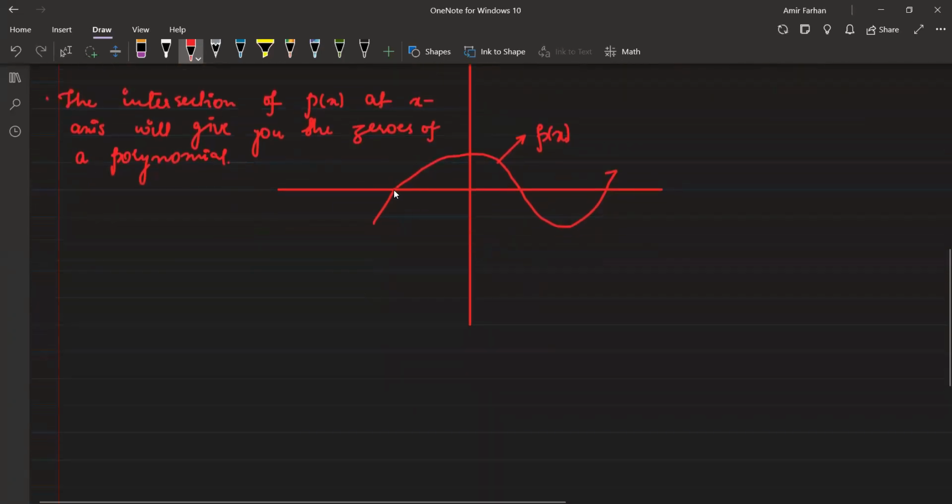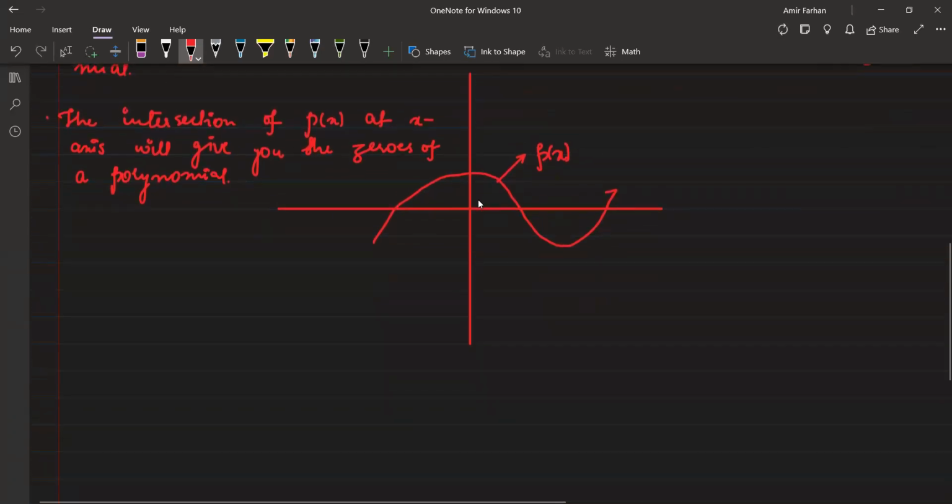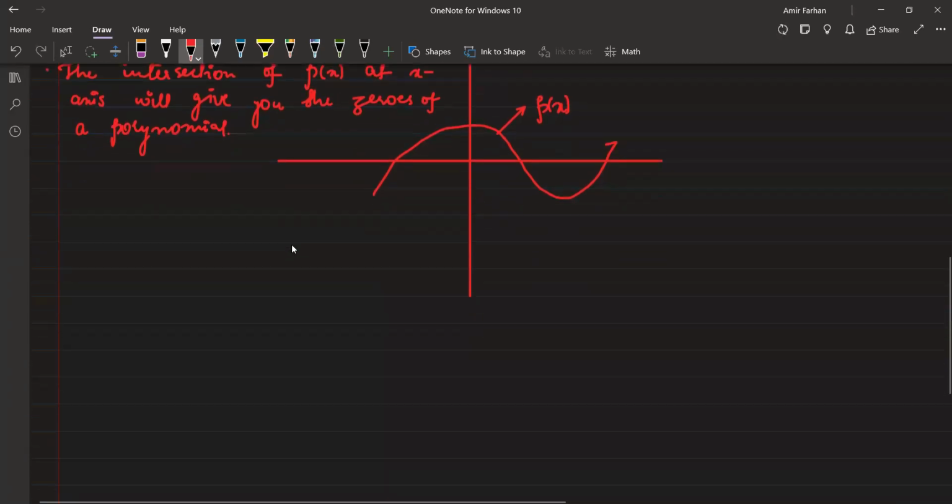So basically 3 zeros are there, 1, 2, and 3. Okay. Yes or no?